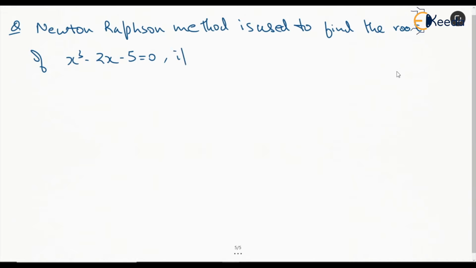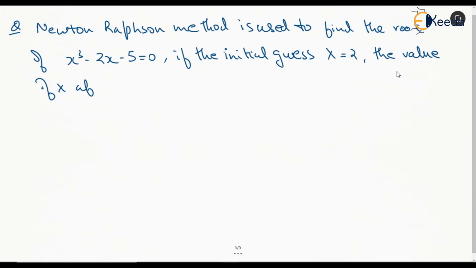If the initial guess is x is equal to 2, the value of x after 2 iterations is.